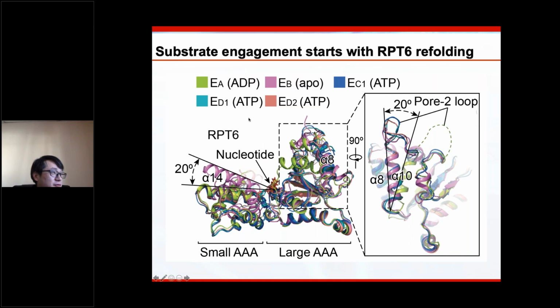While the other four structures are always ADP or ATP bound, they are quite comparable, except for the large AAA domain, where some of the pore loop areas have dramatic refolding.